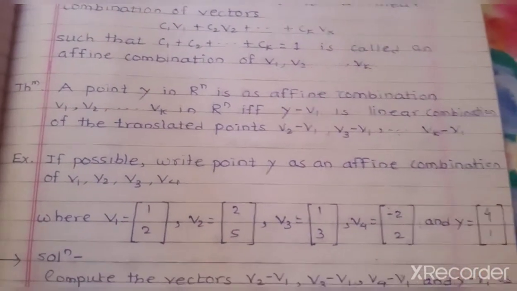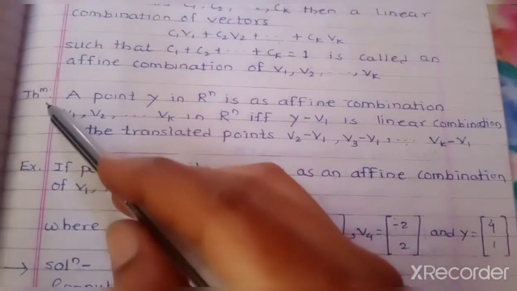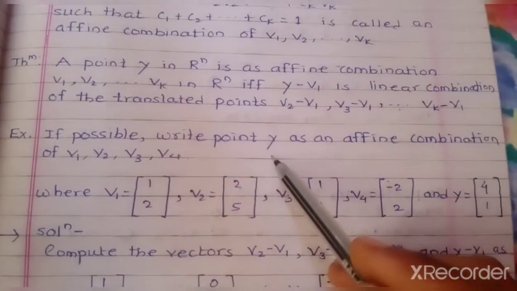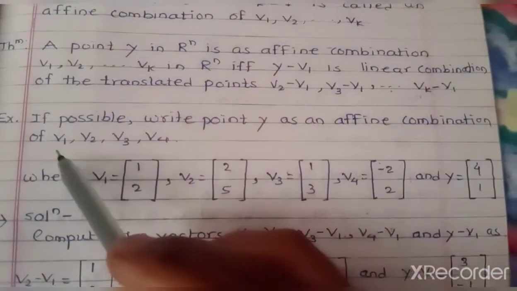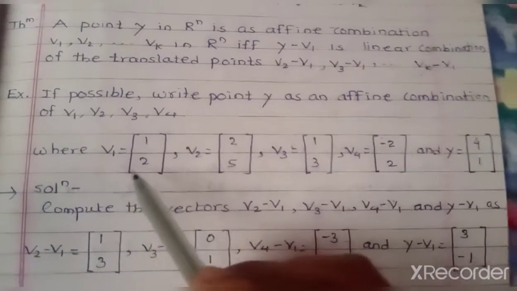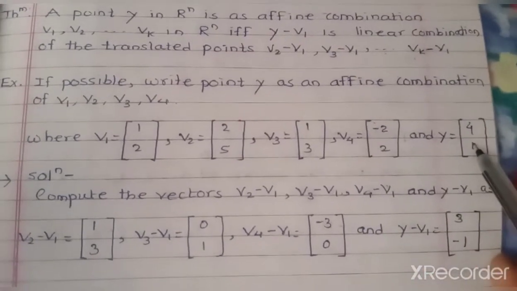So now we discuss an example related to this theorem. If possible, write a point y as an affine combination of v1, v2, v3, v4. Here we are given all these vectors v1, v2, v3, v4 and y also.